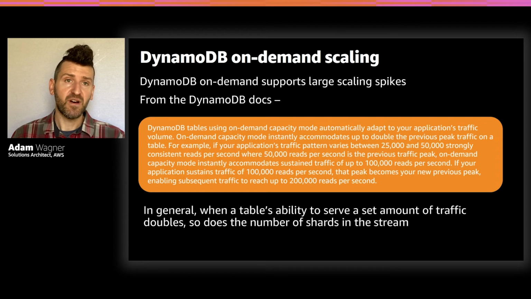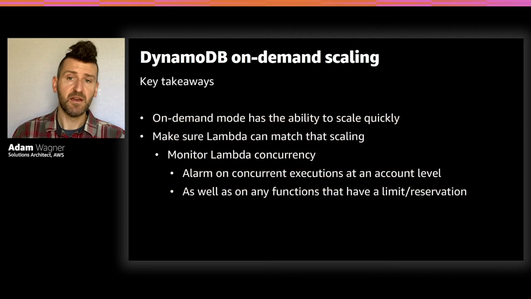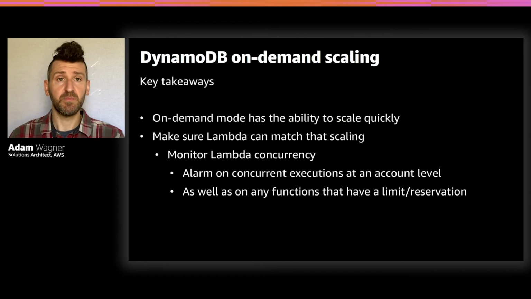So with on-demand tables where you're reading from the corresponding DynamoDB stream, you have this possibility of having really big spikes in Lambda concurrency. So the key takeaway here is to just be aware of this behavior if you're reading the stream from an on-demand table, and just make sure that you have enough overhead in your Lambda concurrency limits to handle these spikes.